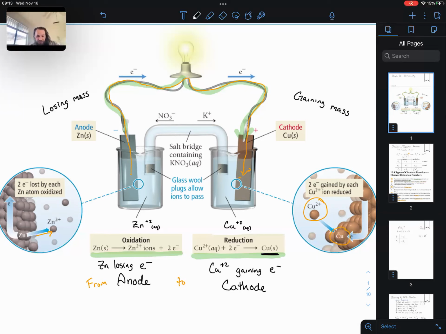So they only have one direction that they're going to work, and they don't have an infinite lifespan. Okay, rechargeable batteries are a little bit more special of a ball game. So we'll get to those actually probably next lecture. But nonetheless, this is what you can see, that since one is losing mass, it's eventually going to be consumed in this reaction. So this reaction isn't going to just go on indefinitely.